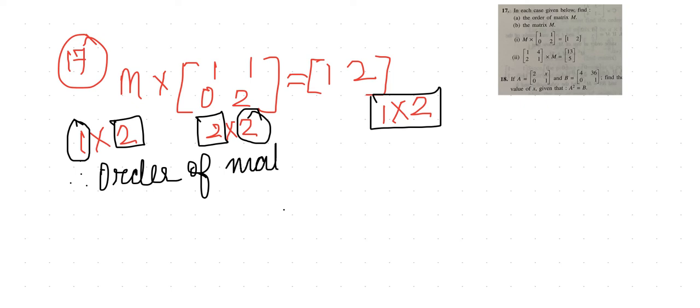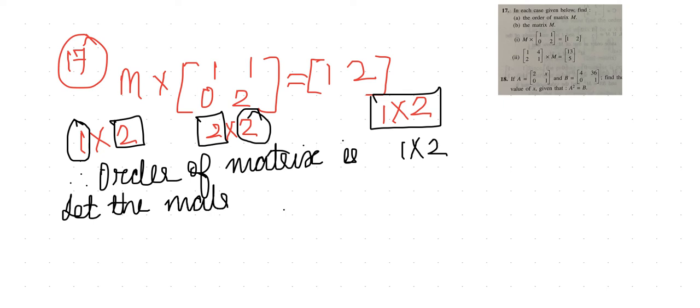So if you are able to guess this, then you can easily find out. Now what you will be writing? Let the matrix be, suppose you want to take, X and Y. Since you already know that it is of the order 1 into 2, this can be the matrix.